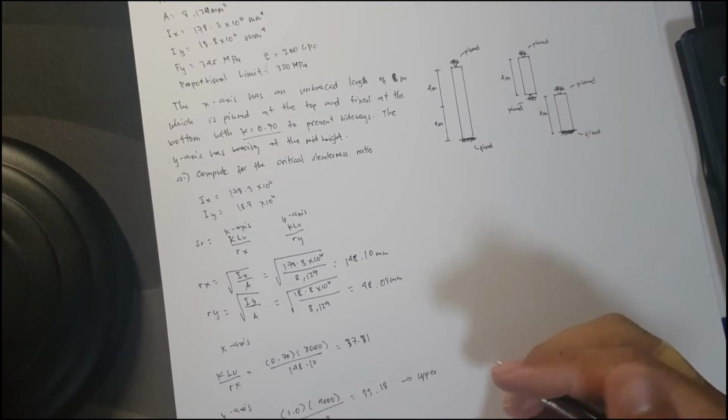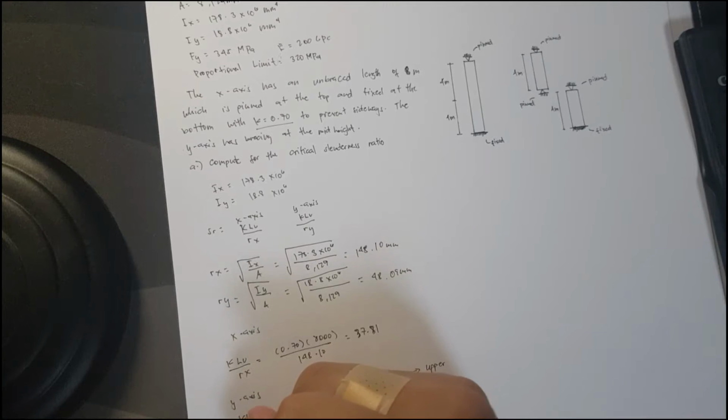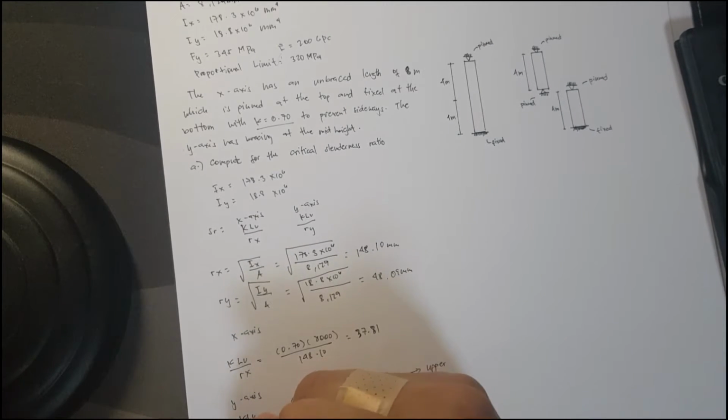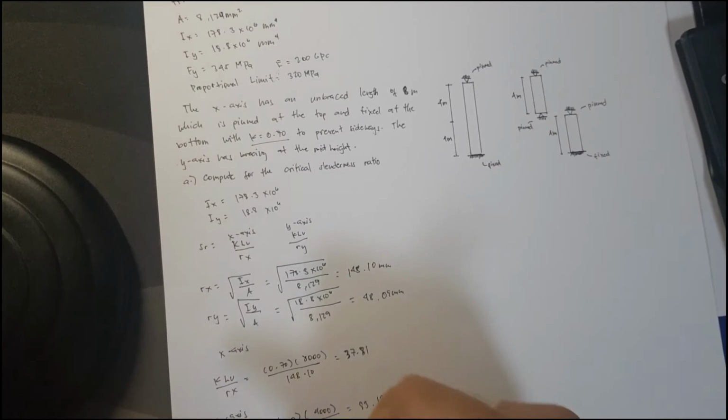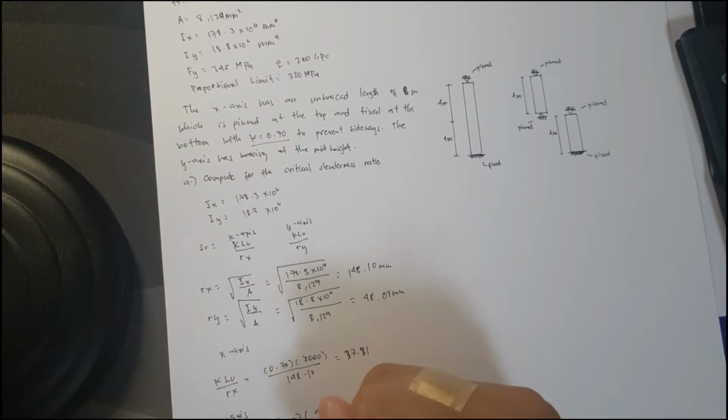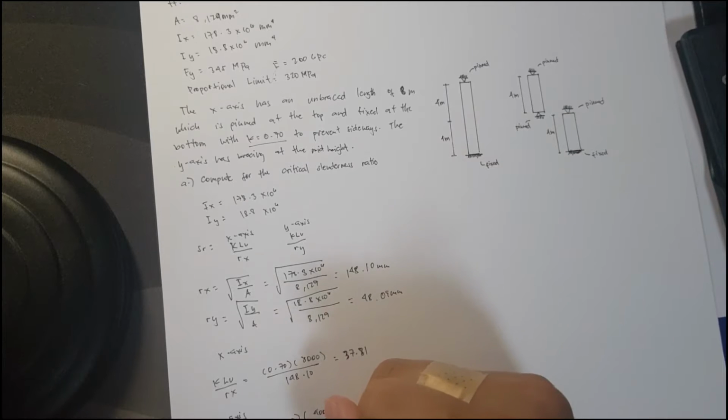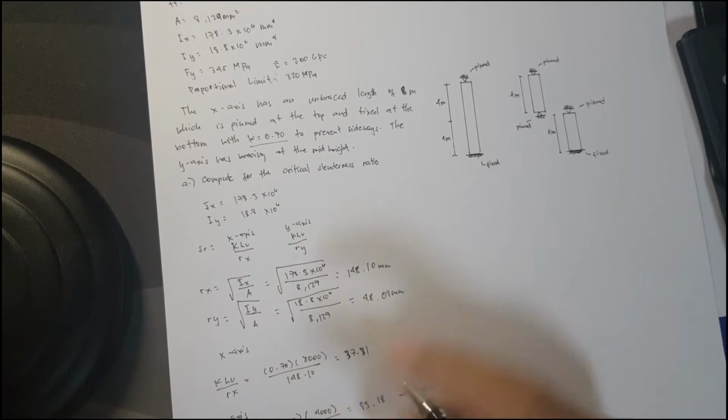So sa lower naman tayo. Y-axis pa rin, K Lu over ry. So pin tsaka fix siya, so 0.70 lang yung gamitin natin. Tapos yung length niya is 4,000 pa rin, all over 48.09.